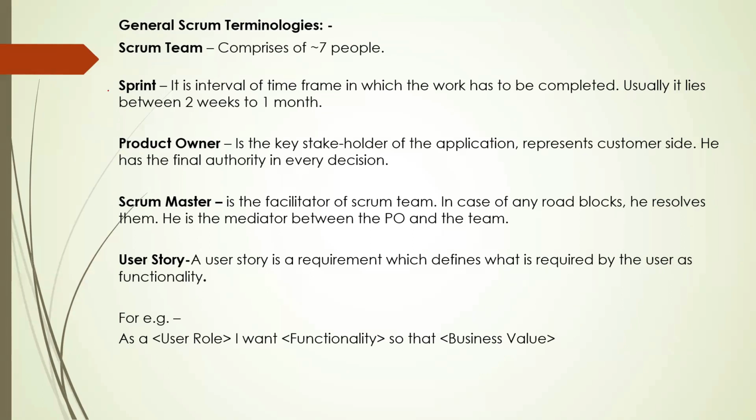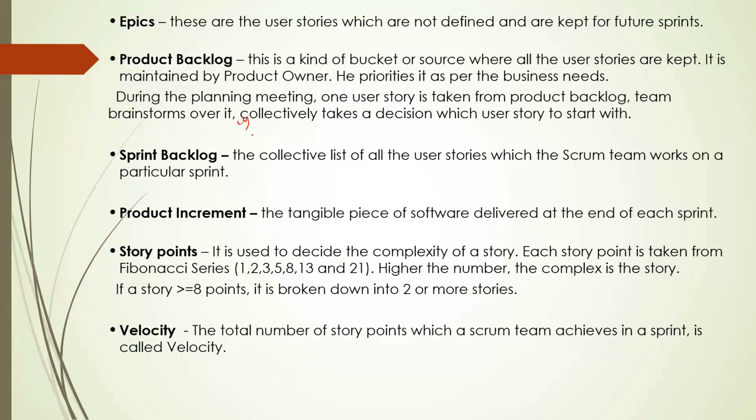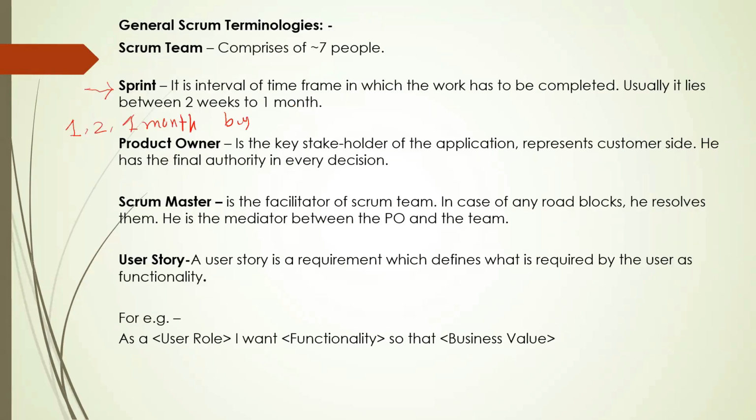Whenever the development team starts their work, the Scrum Master does what? The Scrum Master will divide the task between 1 week, 2 weeks, or we can say up to 1 month. They will not go beyond 1 month. Why are they not going beyond? Because the rules in Scrum say that each and every release that you have should be within 1 month.